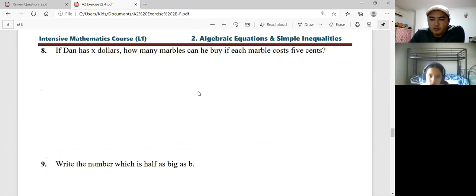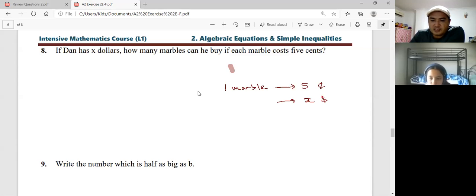So here we have one marble. How much does it cost? It is 5 cents. The question is, if he has X dollars, how many marbles can he buy?